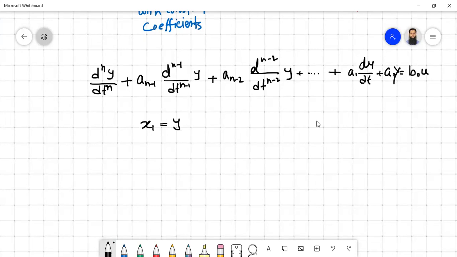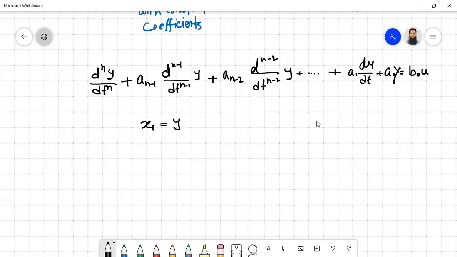Like x2 will be the derivative of x1, and x3 will be the derivative of x2. So basically, every new or subsequent state variable will be defined to be the derivative of the previous state variable.